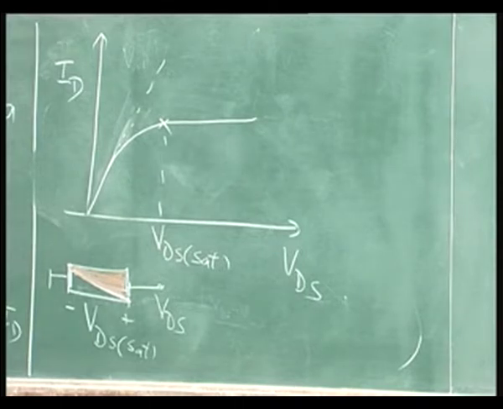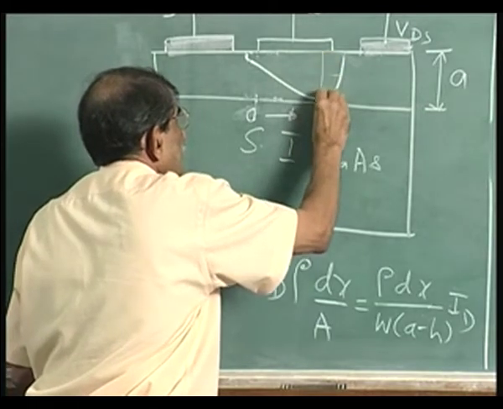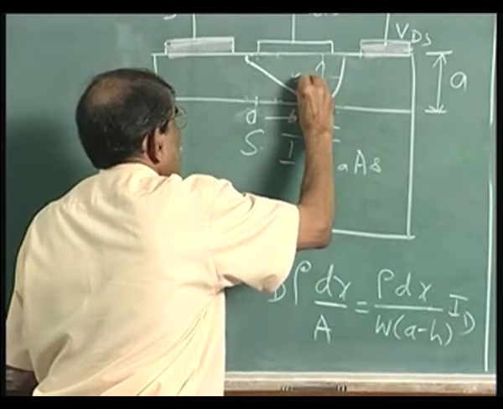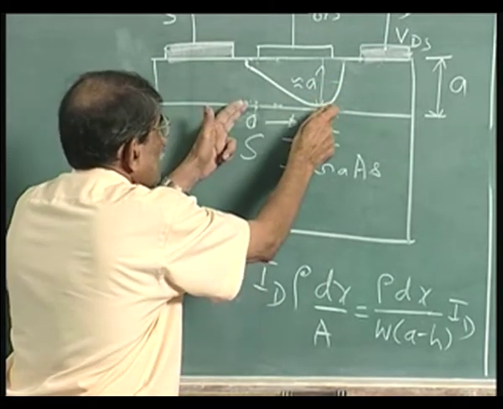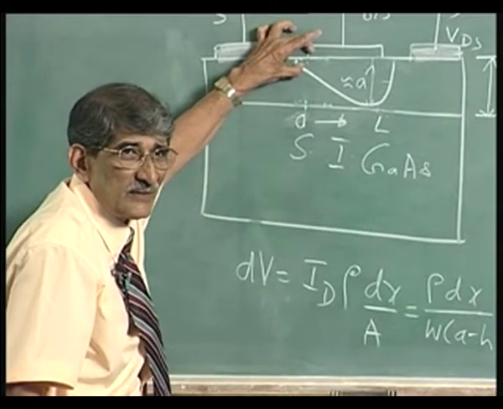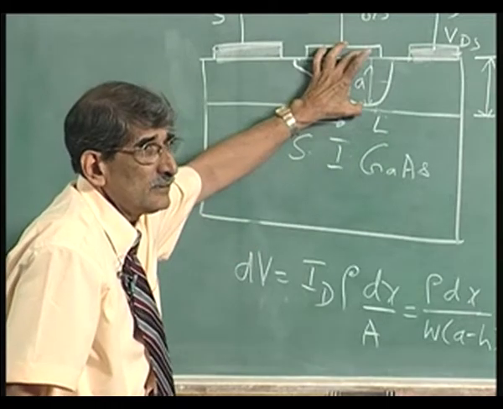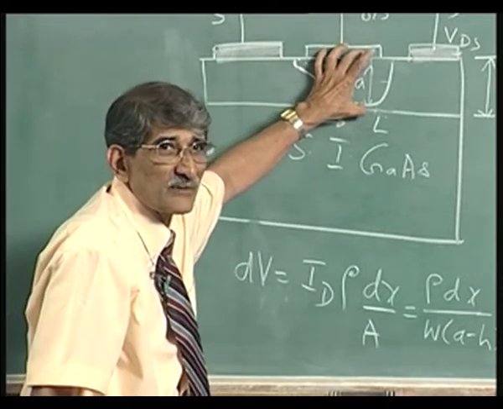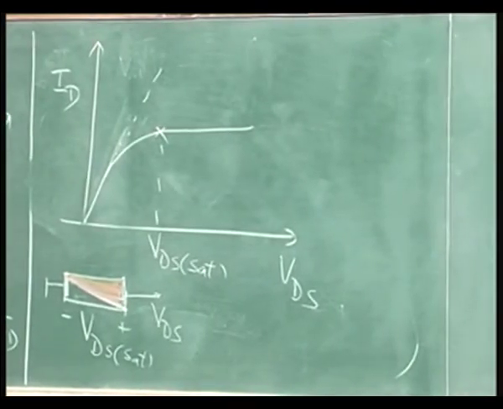At saturation, it is almost like that, and this is almost equal to A. And this drop is V d sat, and this drop is actually equal to V b i minus V g s. So, V b i minus V g s plus V d sat is equal to V p 0, the pinch off voltage. So, what we are saying now is, okay, we can now look into the analysis.